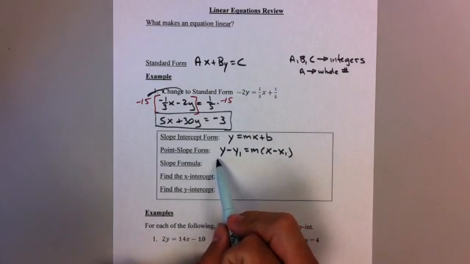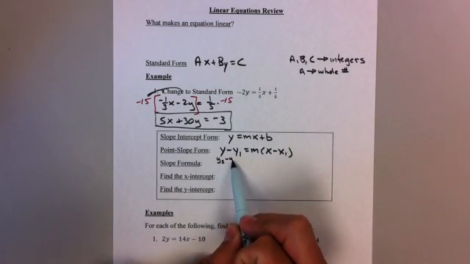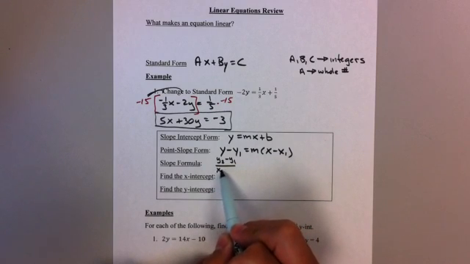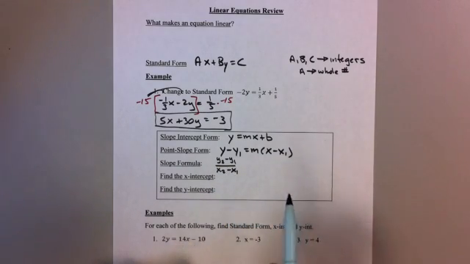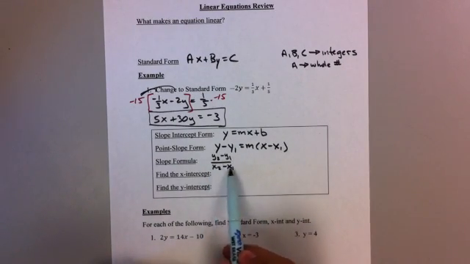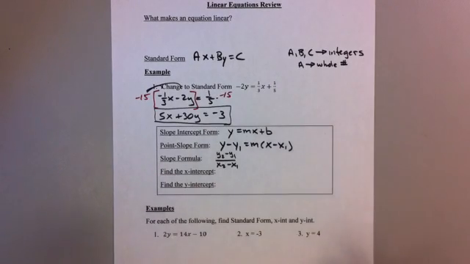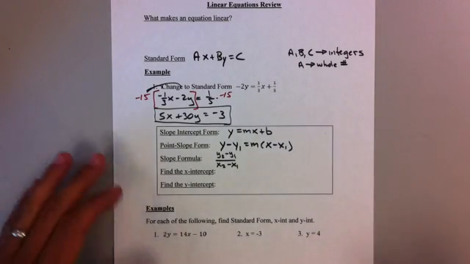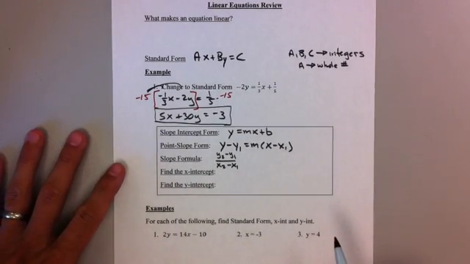Slope formula is y2 minus y1 over x2 minus x1. You subtract your y's, subtract your x's. Remember the y's are up on top because the y's are like the rise, if you remember the phrase rise over run.